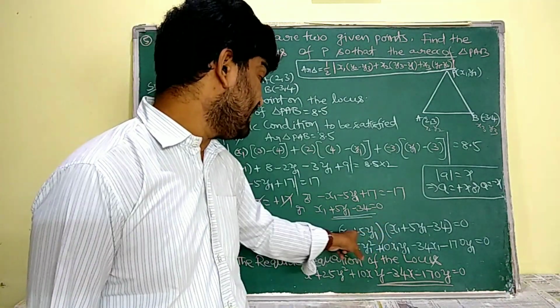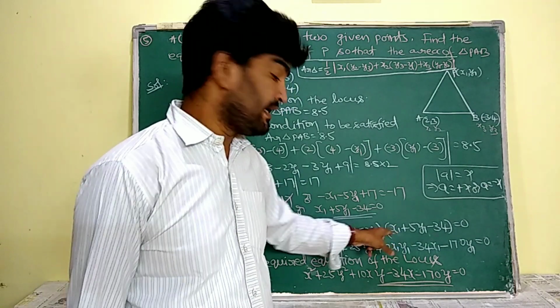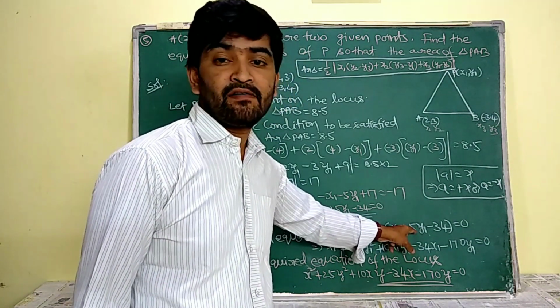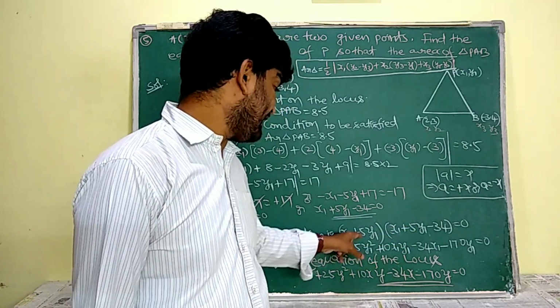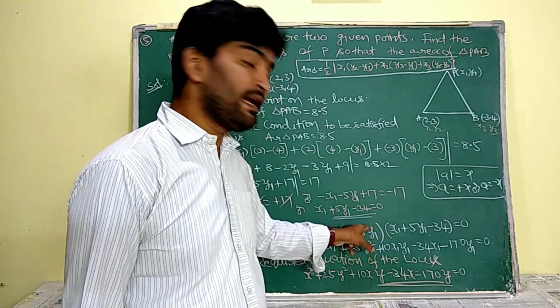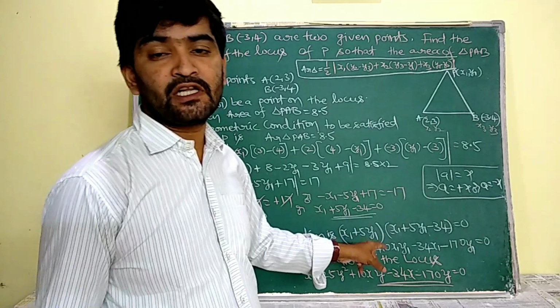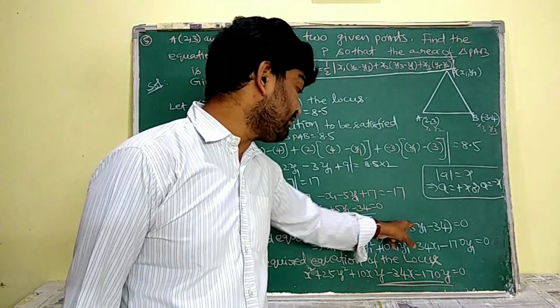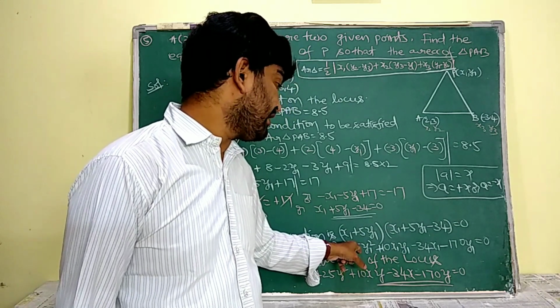By multiplying this, x1 into x1 is x1 square, x1 into 5y1, 5x1y1, again 5y1 into x1, again 5x1y1. Both those 5x1y1 give us 10x1y1. 5 into 5, 25y1 square.